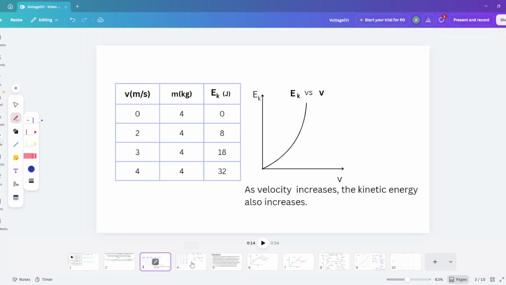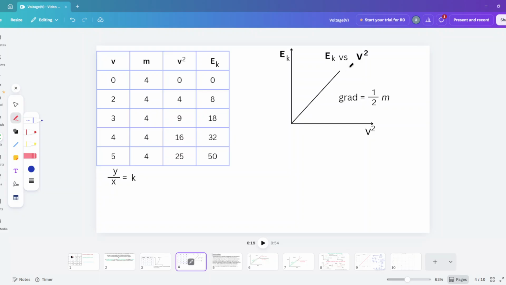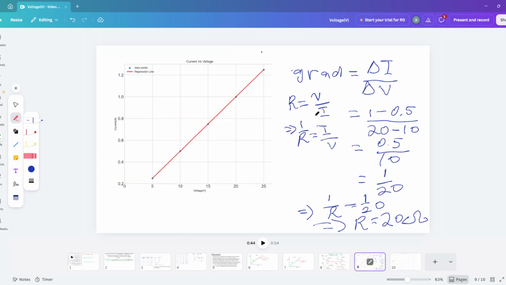But when you do experiments, we prefer to have straight lines so that we can calculate the gradient and determine the quantity, which in this case is resistance. So let's look at that in the next video.